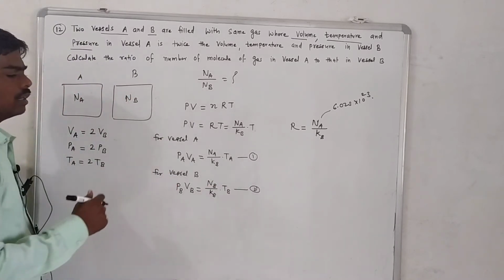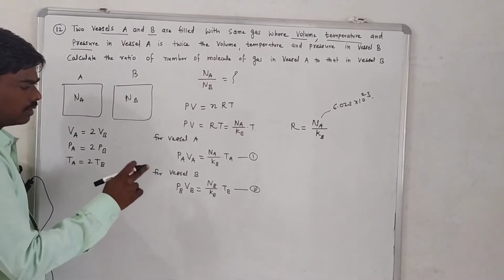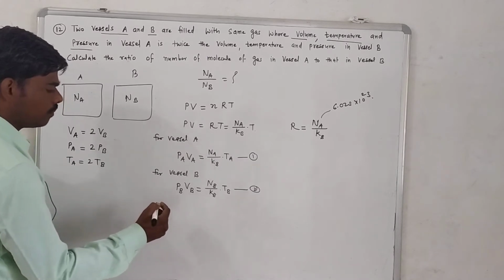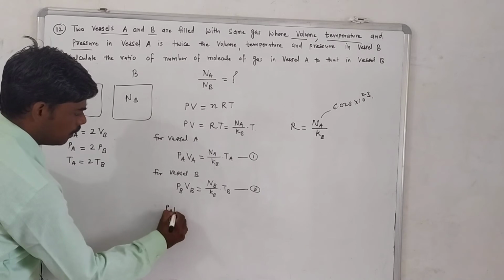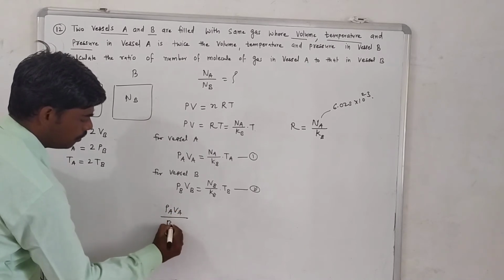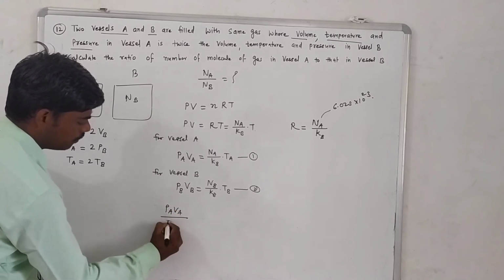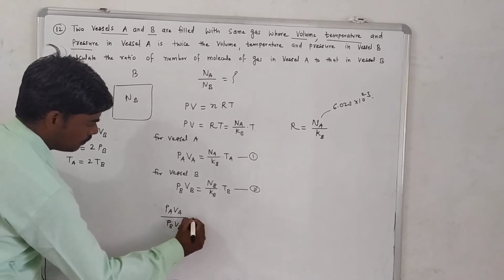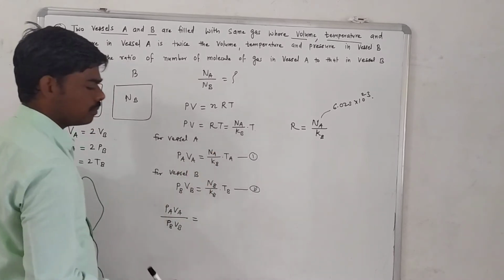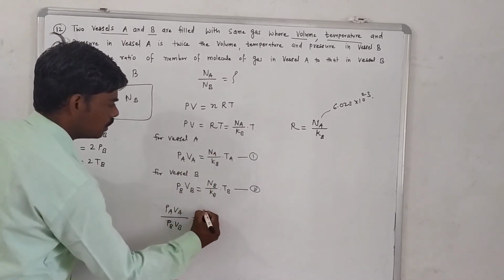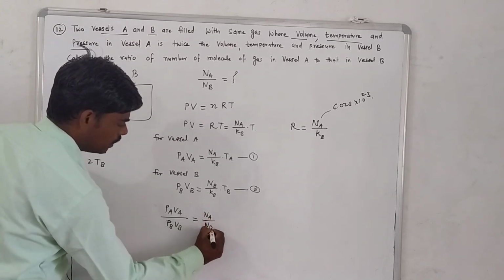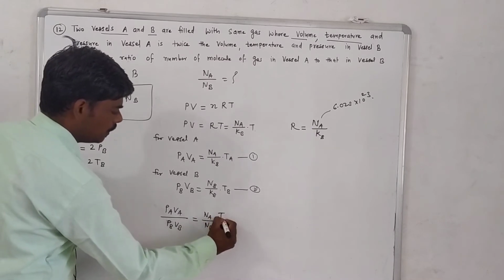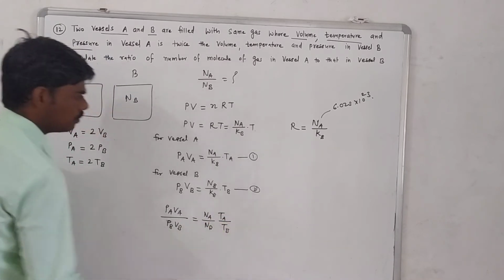Divide equation 1 by 2. What do we get? Pa Va upon Pb Vb, Kb cancels, we get Na upon Nb into Ta upon Tb.